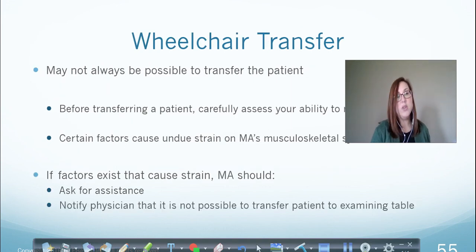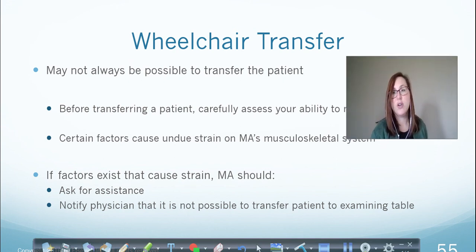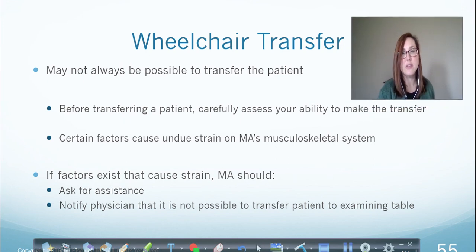So as we talk about wheelchair transfers, it may not always be possible to transfer a patient from a wheelchair if they're too weak and it's not safe. You want to make sure that you are assessing your own ability to make that transfer. You don't want to cause any undue harm to yourself.